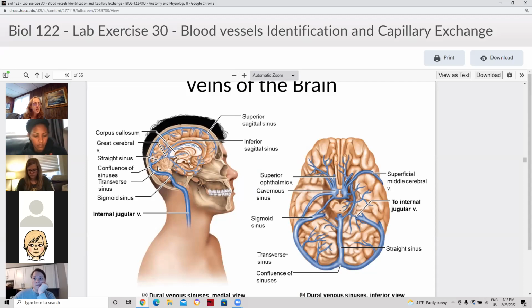These major sinuses, confluence of sinuses, where the blood is pooling back. Remember the superior sagittal sinus that goes down the longitudinal fissure of the brain. Questions?